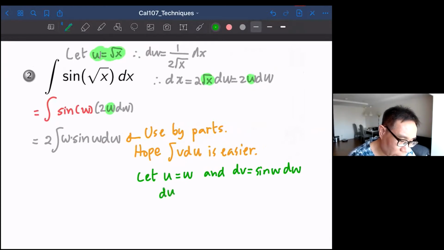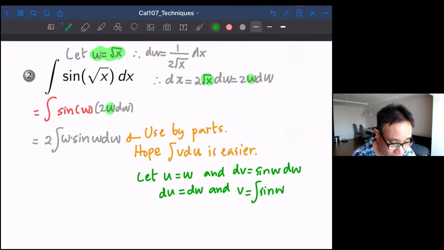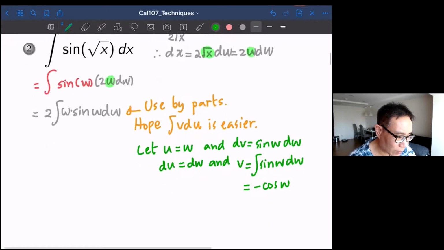So du equals dw, and v equals the integral of sin w dw. Integrate sin, you get negative cos w. We're not adding plus C1 yet, like I told you.